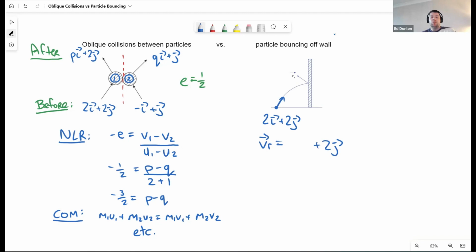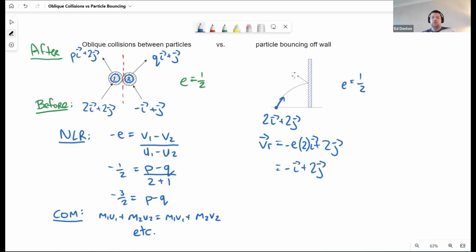But my I component is going to be minus E times the initial I component. And say E is equal to a half in this case as well. Well, I'm going to have minus a half times 2, so minus I plus 2J.